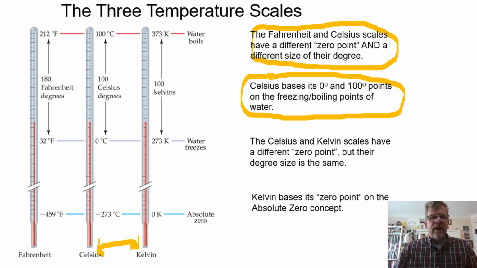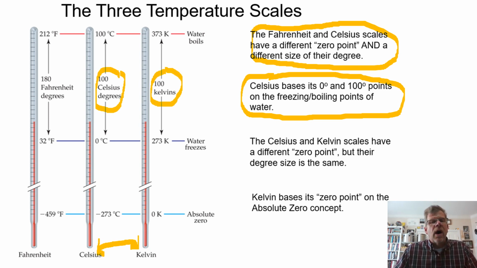Now notice that the size of the degree on Celsius and Kelvin are the same. Between the freezing and boiling of water in both Celsius and Kelvin is 100. 100 Celsius degrees is 100 kelvins. Now notice we don't say Kelvin degrees for whatever reason. They're just considered kelvins. A little housekeeping there.